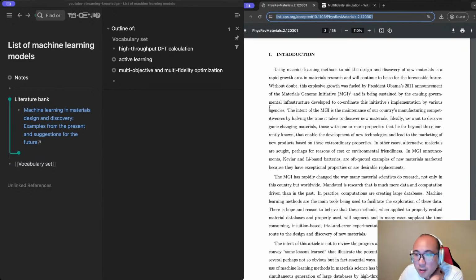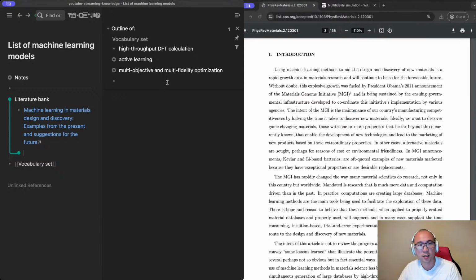Using machine learning methods to aid is a rapidly growing area, fueled by the presence of the Materials Genome Initiative, which basically leads to the development of materials products and the maintenance of our country's manufacturing.